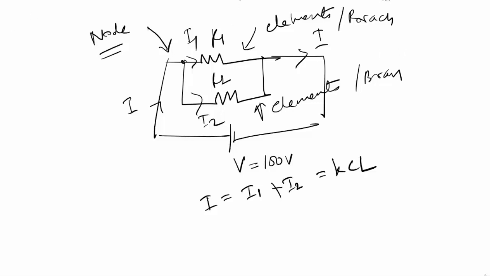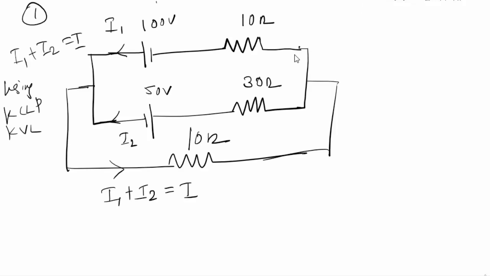So, just solving more problems. This is my circuit, the first problem to solve, where I am having a 100 volt source and a 200 volt source. So I am having two sources, a resistance R1, a resistance R2, and a resistance R3.